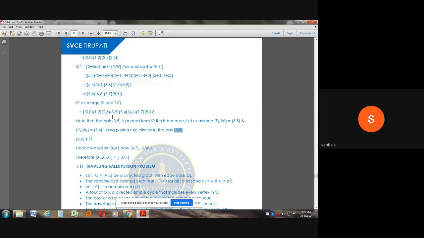Do you understand? In the last set, any ordered pair whose weight value is more than the capacity of the knapsack must be removed, and we have to check every two ordered pairs.